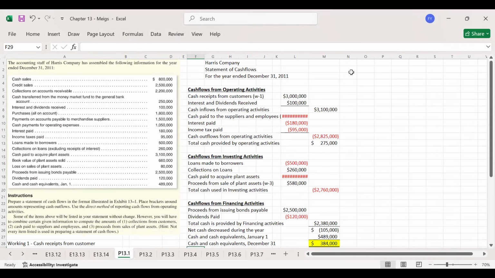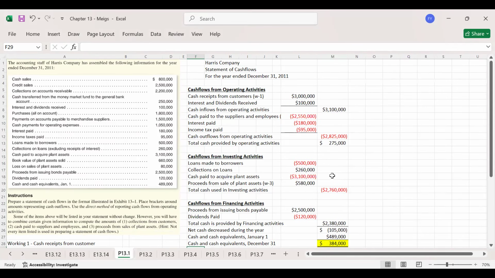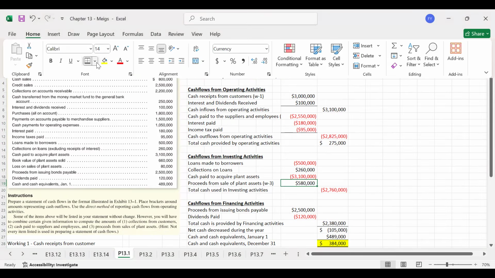And here we have cash flows from operating activities, then cash flows from financing activities, and here you can draw a line in order to show that you are adding it.